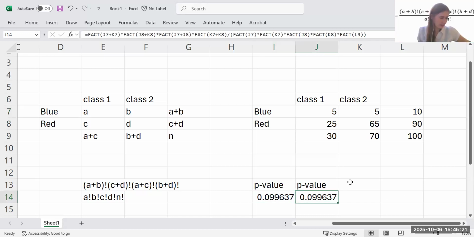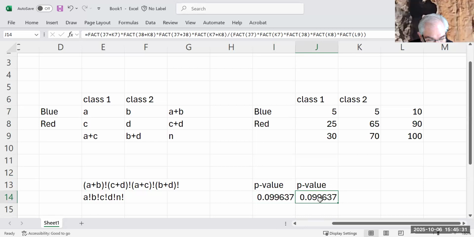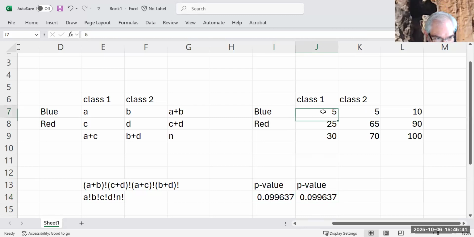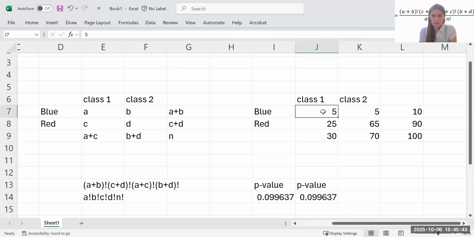Let me write that p-value down: 0.0996337. If we change the numbers but keep the proportions, we will see if that p-value changes. I can divide each one of these by 5, right? That's really a small sample.